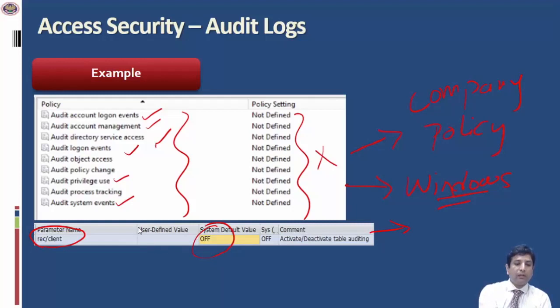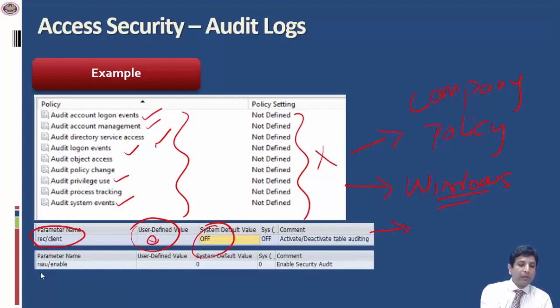So the user has to define a certain value to enable this audit log. This setting basically enables or disables the logging of changes to specific tables within the ERP. And we should ensure that this parameter has been set to a specific value in the user defined value.